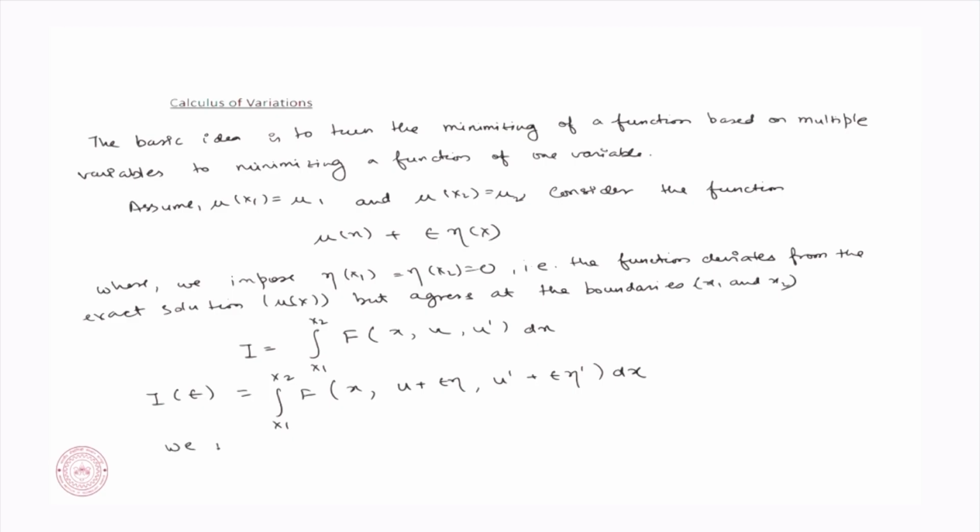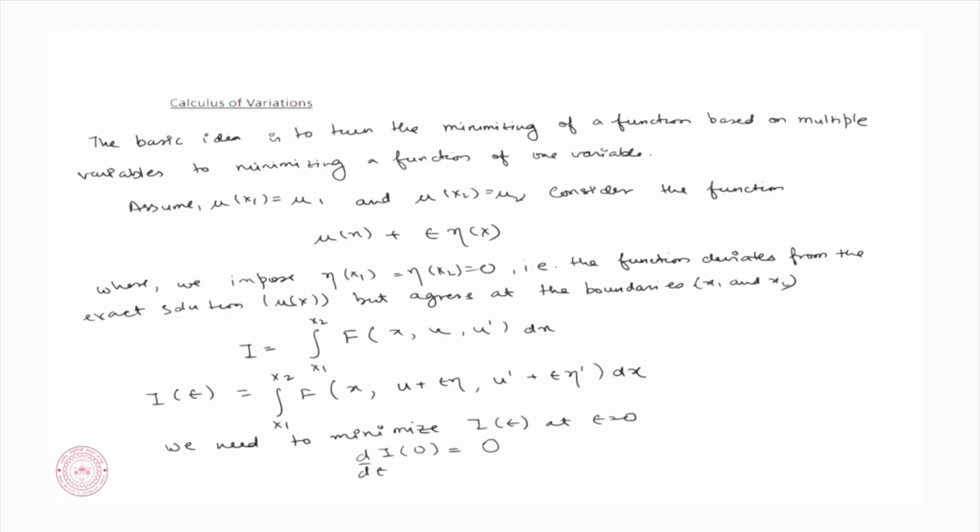And we need to minimize our I of epsilon at epsilon equals 0. So, at epsilon equals 0 is where we are looking for minimization, that is, there is no variation, and at that point there should be a minima of I as well. Okay. With that concept, we say that dI by d epsilon at 0 should be equal to 0.